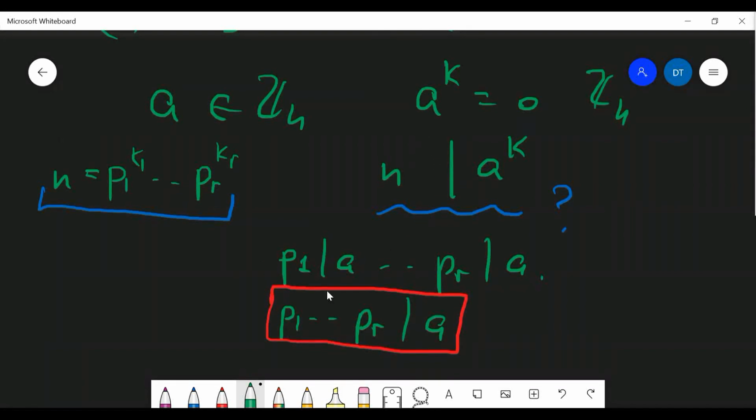Like if there is no p1 in A, it will never appear in any power of A. So it will never be divisible by n. So indeed, A is nilpotent in Zn if and only if it's divisible by all the prime integers of n.